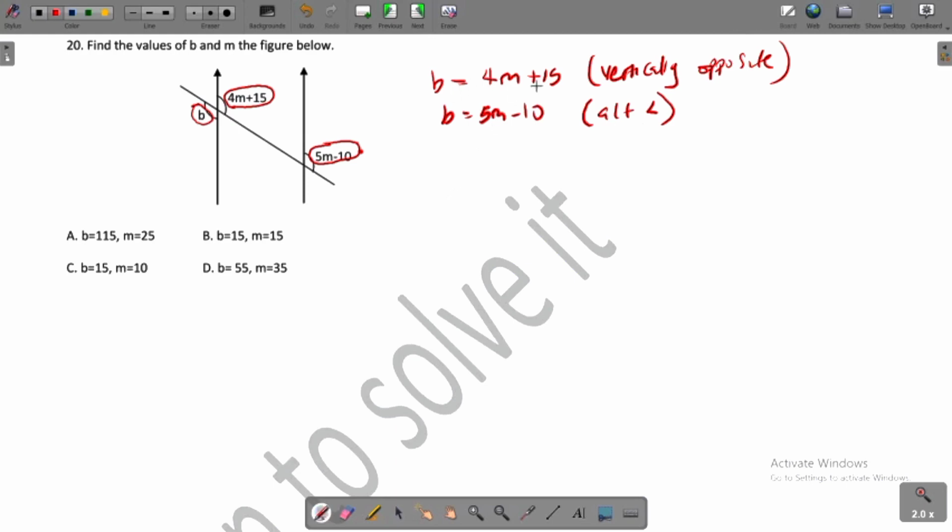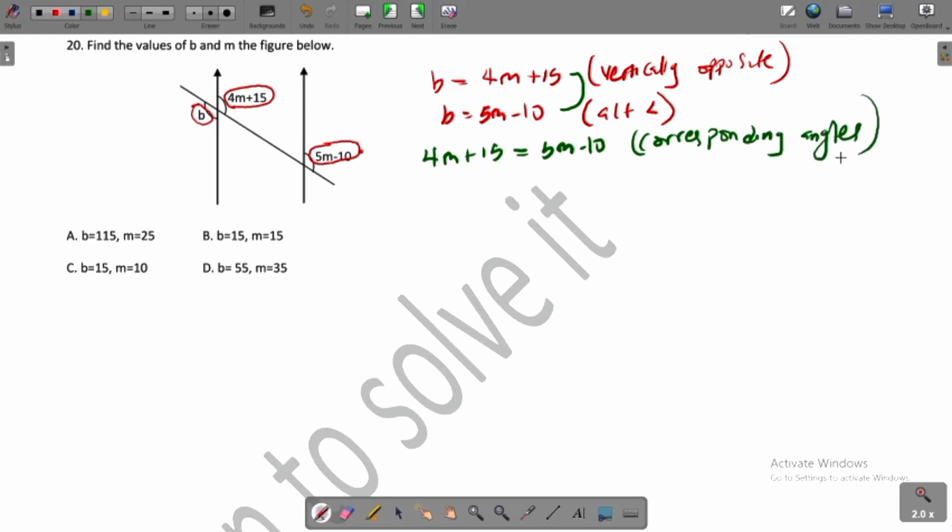So even using this alone, we can assume that this here and this here are equal. So we can also say that 4m plus 15 equal to 5m minus 10, because they are corresponding angles. So since they are equal, we are asked to find B.